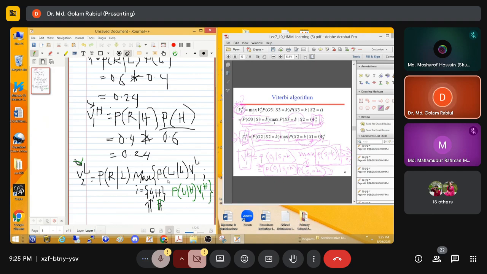Okay, so between these two, which one is maximum? For which value of I will we get the maximum? Then we have to put in the values of these probabilities.